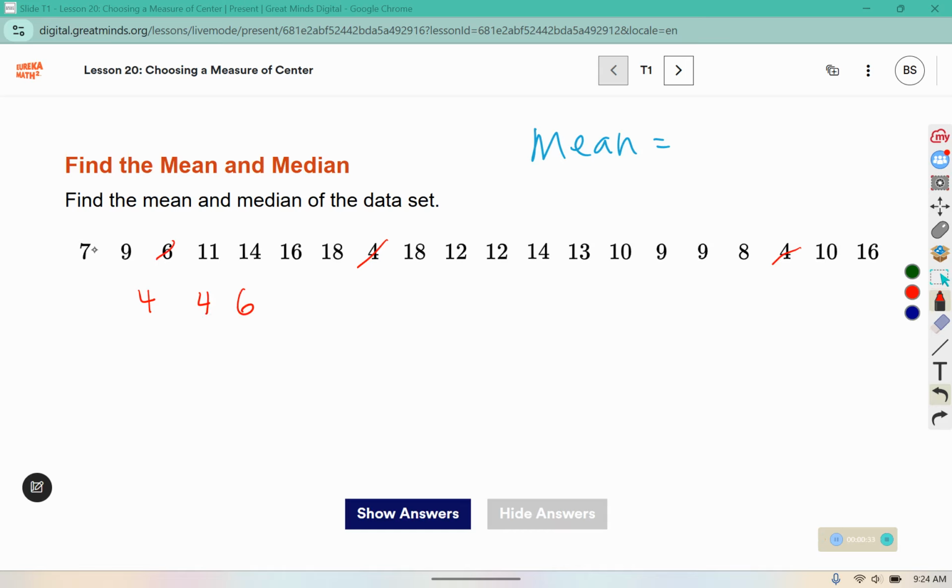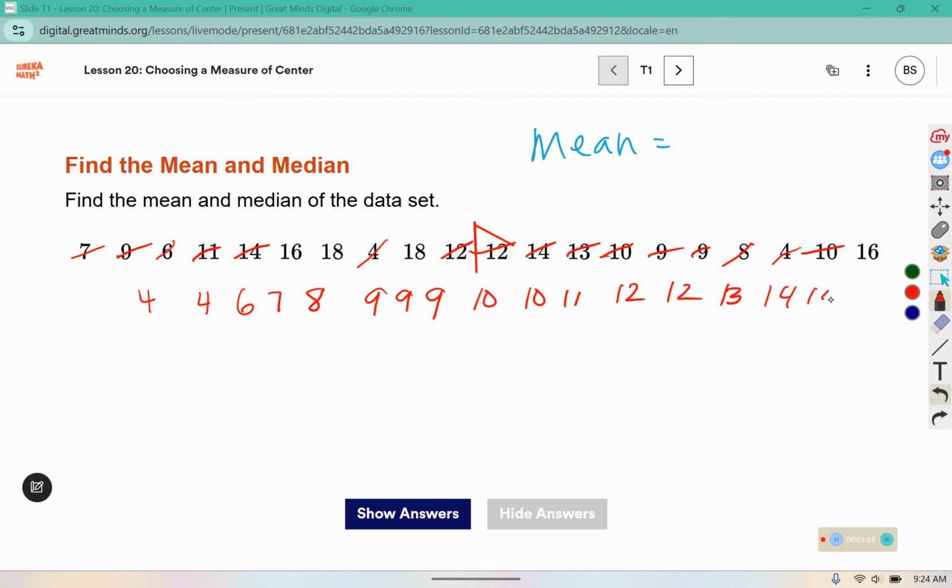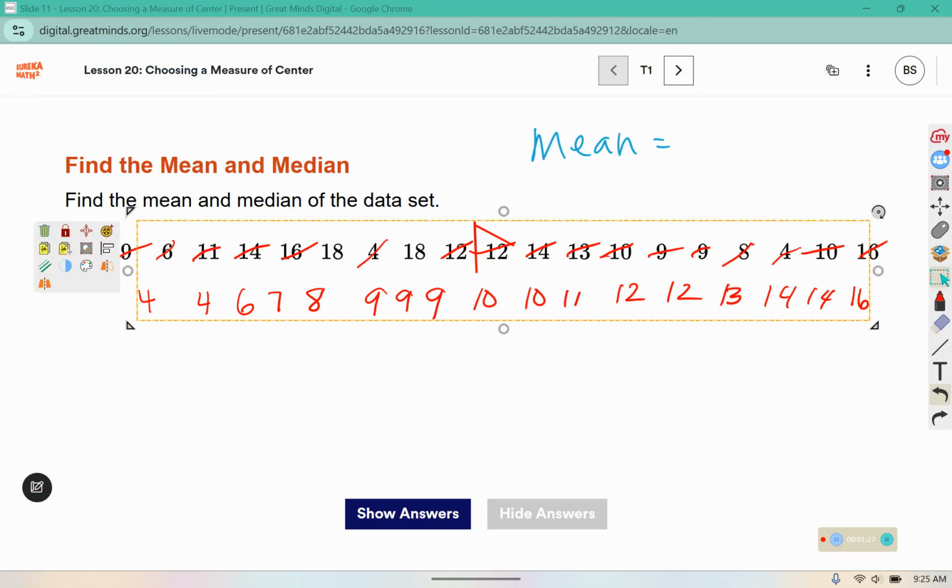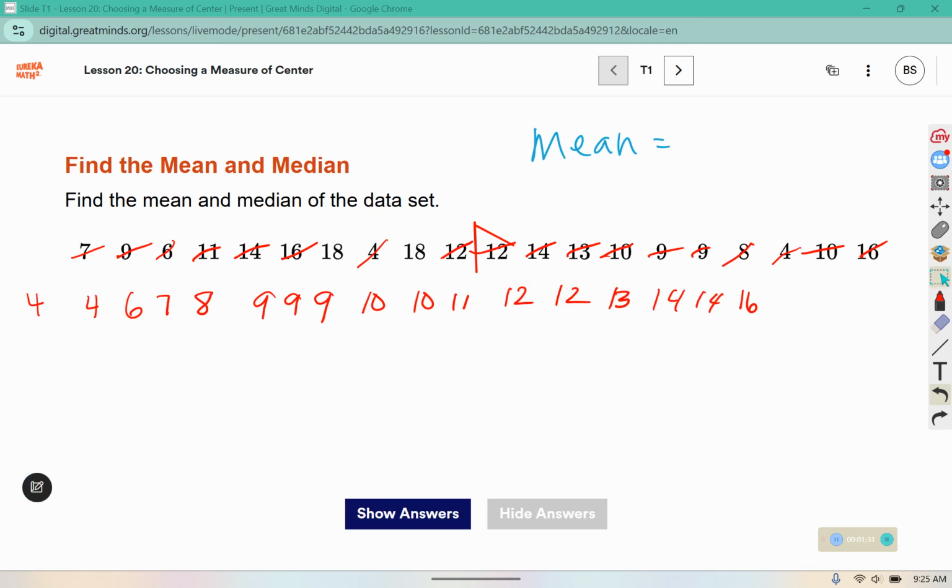Then I see a 6, 7, an 8, 3 9s, 2 10s, an 11, 2 12s, 13, 2 14s, 2 16s, and 2 18s.